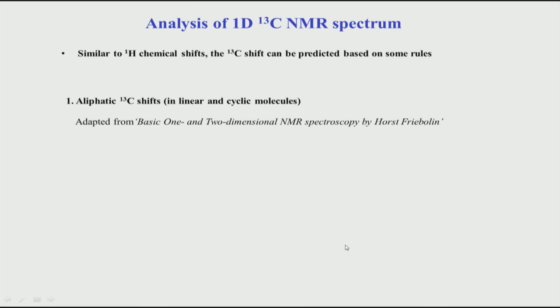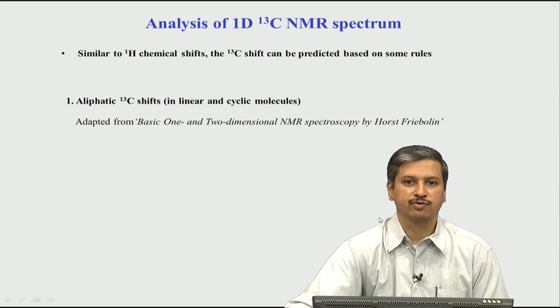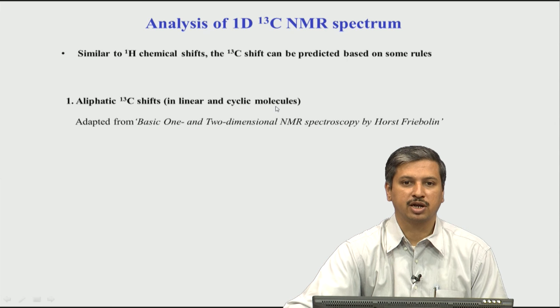Now let us move to how we interpret or analyze a carbon 13 1D NMR spectrum. The next few slides are a set of tables adapted from this book, which has much more extensive tables you can refer to. What we are trying to do here is, given a structure of a molecule, see how we can predict the chemical shift value.